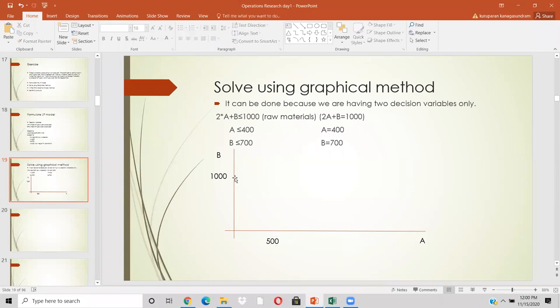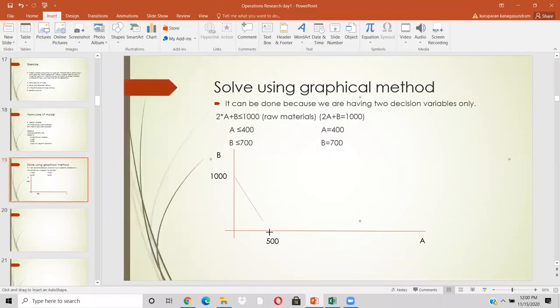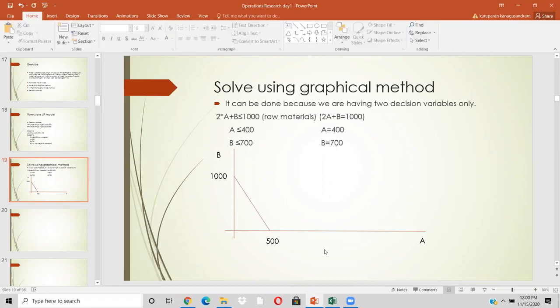So by joining these points, draw a line. Okay, I draw a line. Okay, fine. Where is the feasible region? Is it on this side of the line or this side of the line?